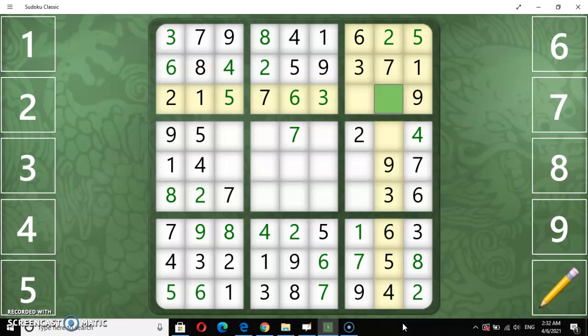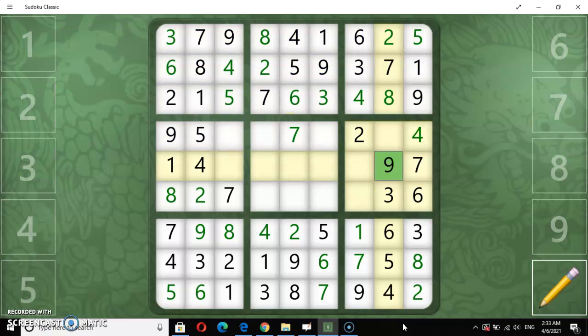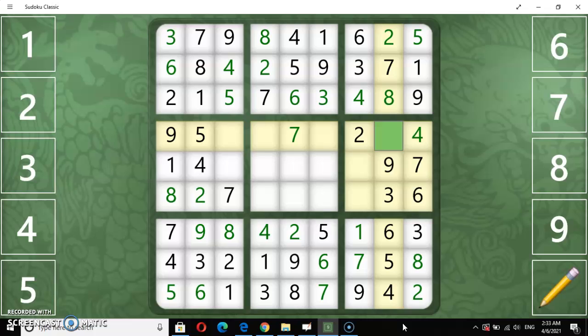I cannot write 4 here because of 4, so it must be 8, and here is 4. Now we have one cell here. Which number is not here? Number 1.